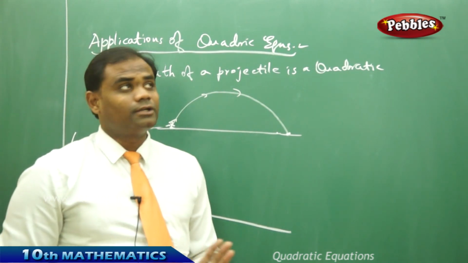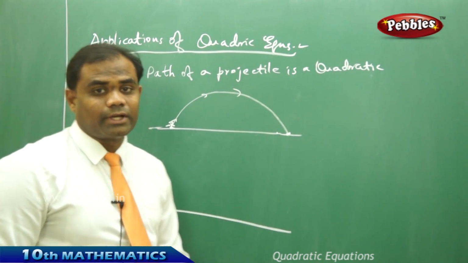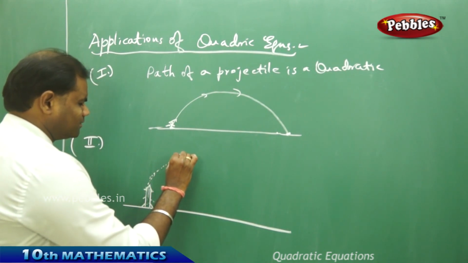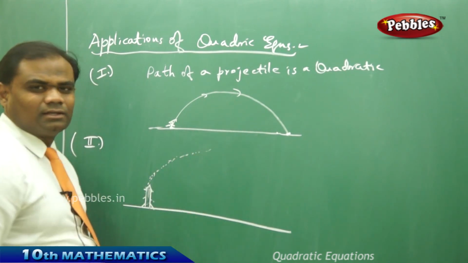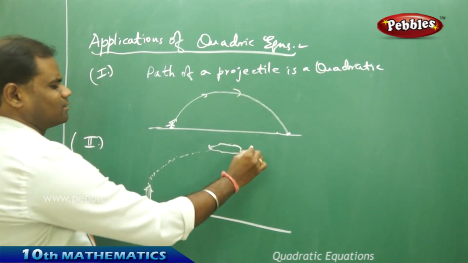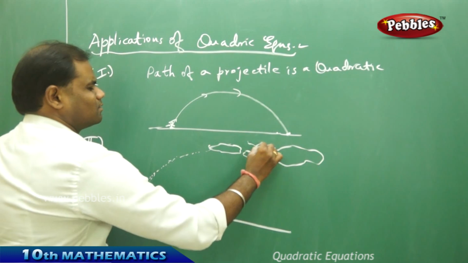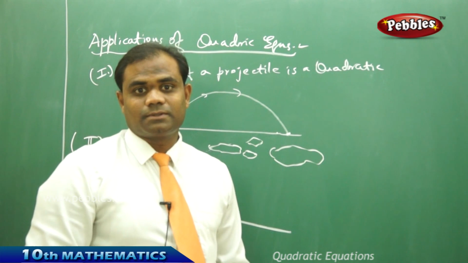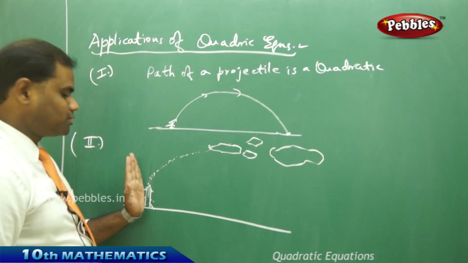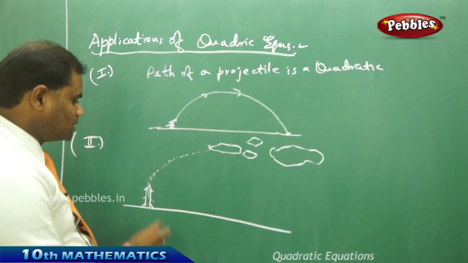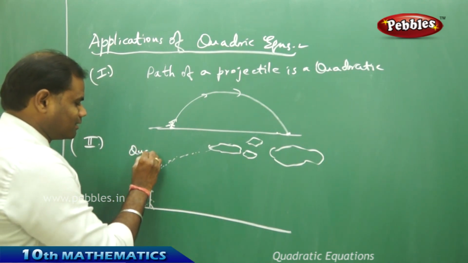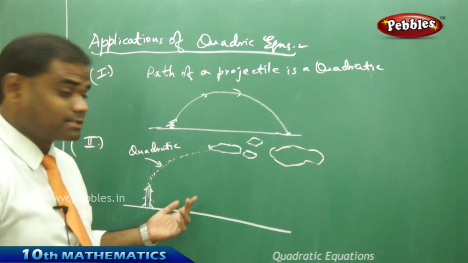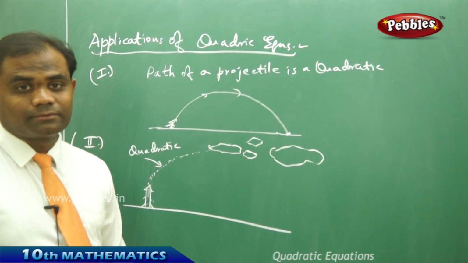We generally assume that it goes straight in the sky, but no, it doesn't go straight; it goes in a curve like this into the sky, and then it goes outside of the sky, crossing into space, sometimes to the moon. Therefore, the launching of a rocket, the moving of a rocket from the ground, can also be represented using a quadratic, which is one way of understanding quadratics in real life.